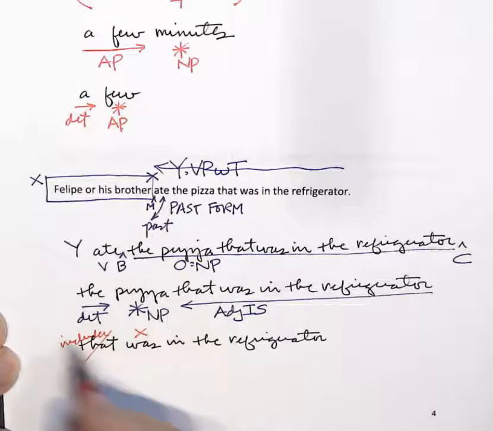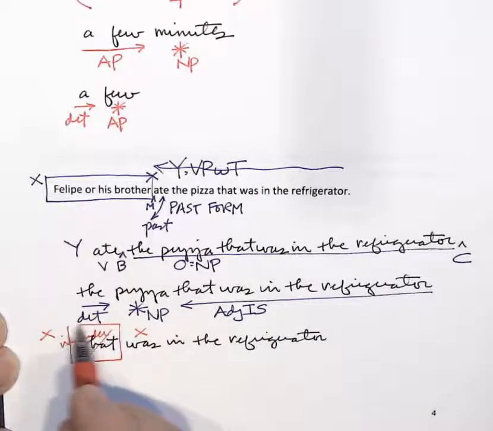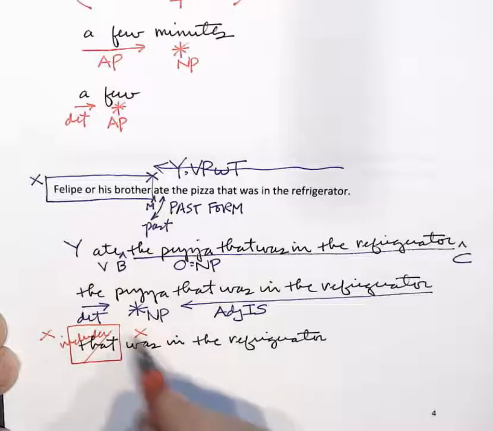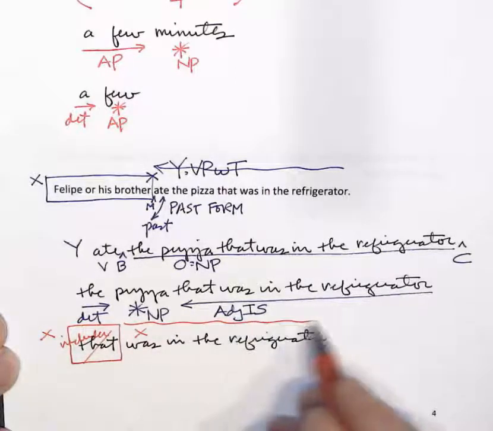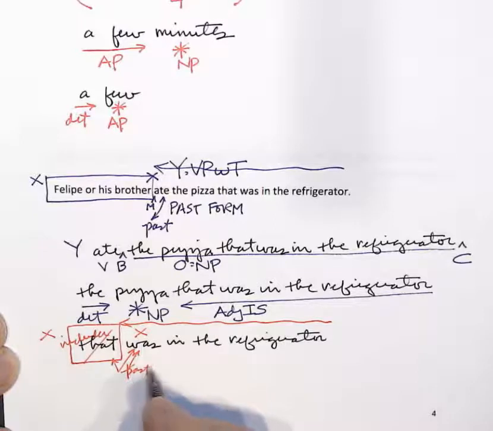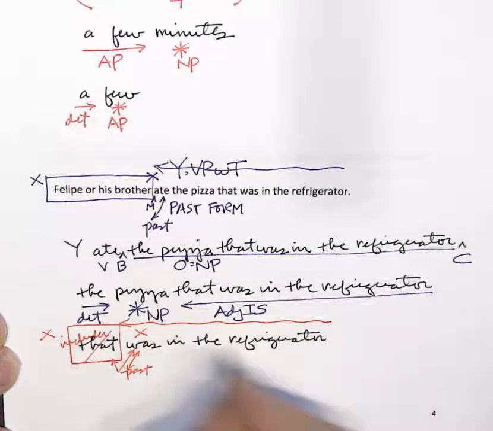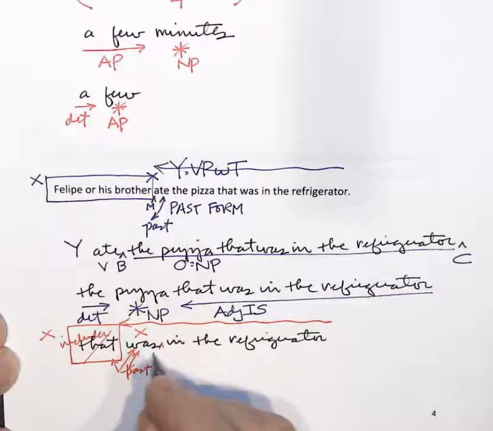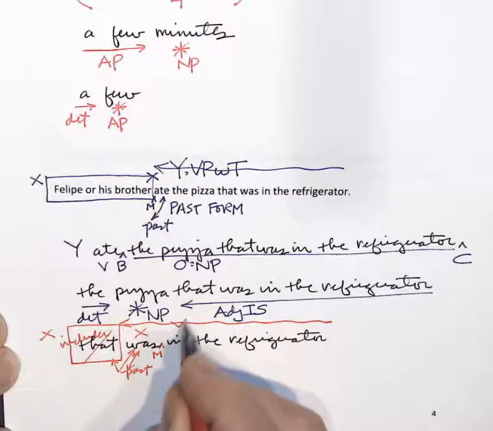Was that in the refrigerator? So was is the X word, and it seems to be on both sides of the includer that. Predicate. Now was ties with the subject. Was ties with the past. That's all the ties there are. There is no M word, and in the refrigerator is Y.